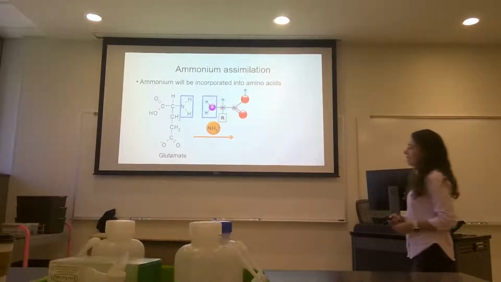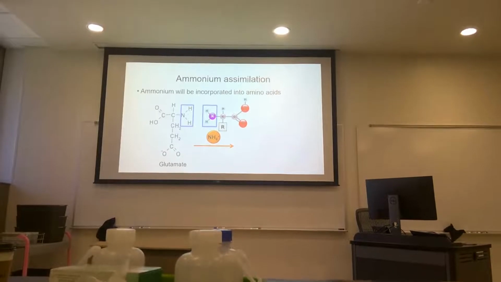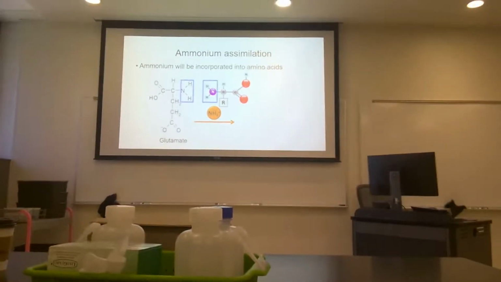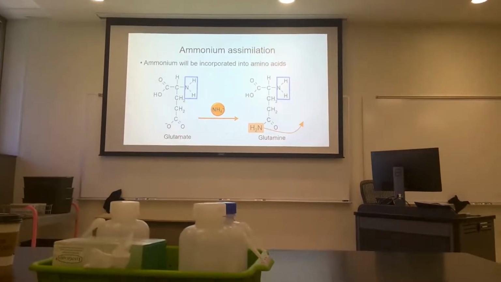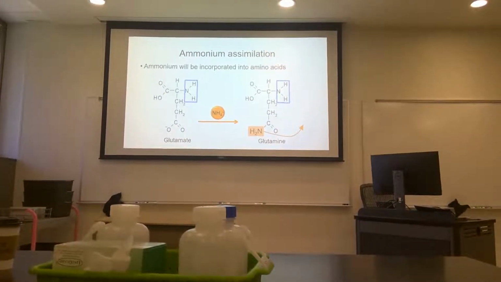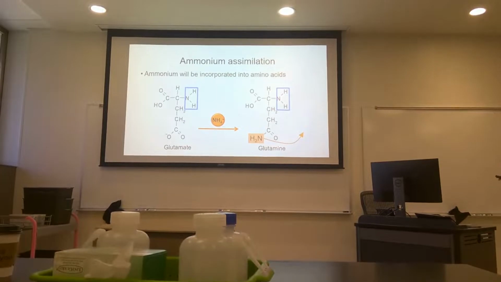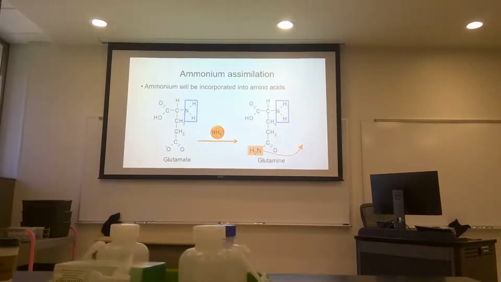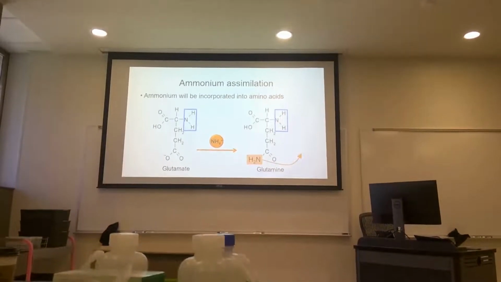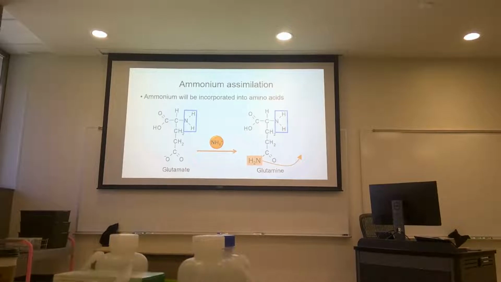When glutamate carries an additional amino to share it with other components, it becomes glutamine. So you can see this one here, and glutamine, of course, has this extra load. Glutamate is the amino acid, glutamine is the amino acid with two aminos. So it has another amino on the side.